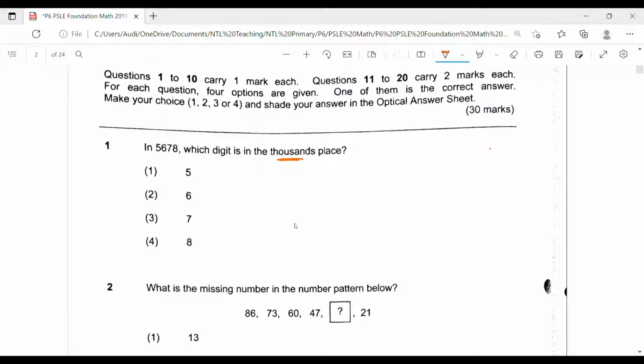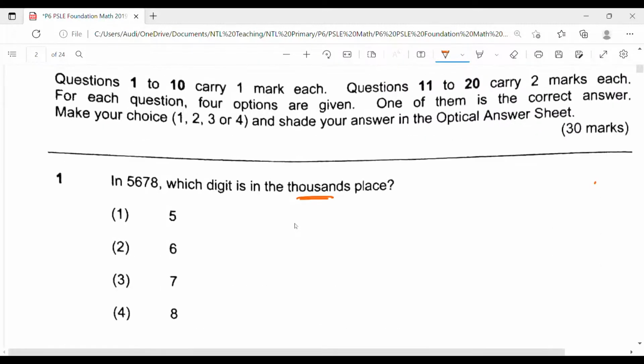So what we do is, first we label the number, label the digits: ones, tens, hundreds, thousands. So the digit that is in the thousands place is this. So this is our answer. Pause the video now. Try the question on your own. And then press play once you're done.